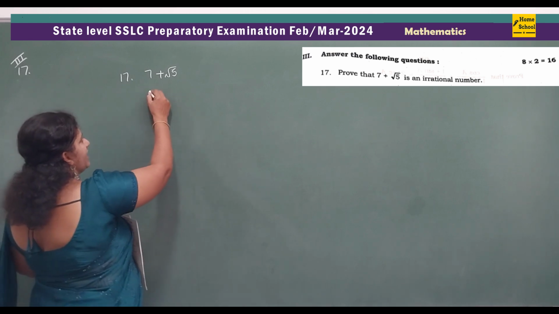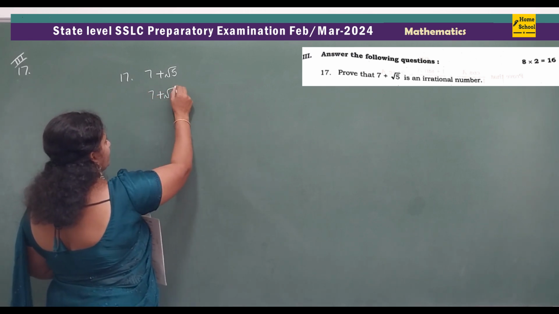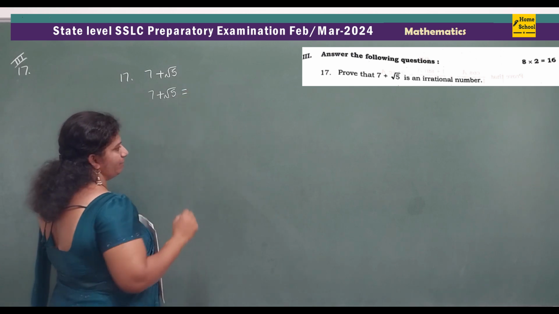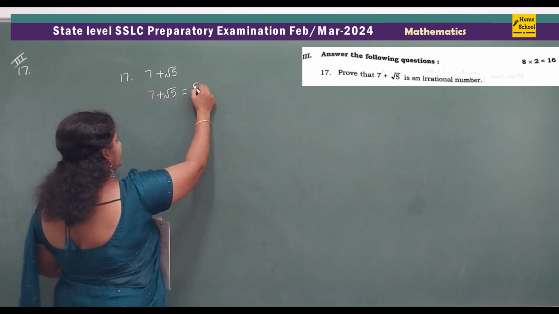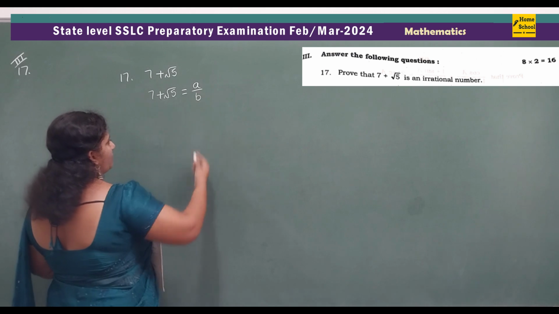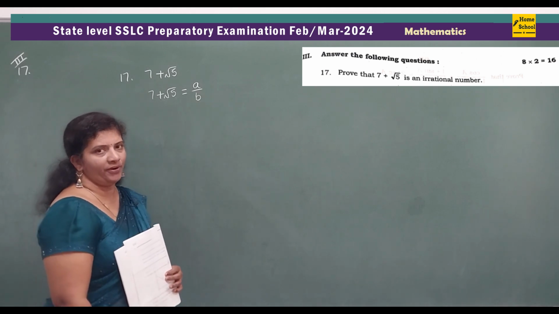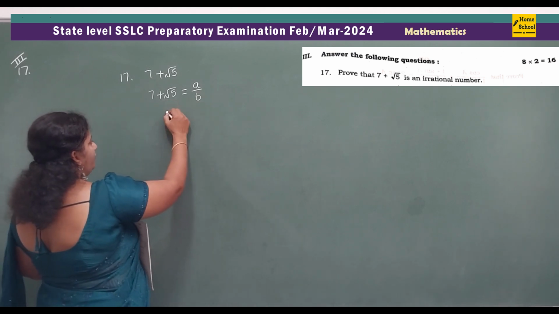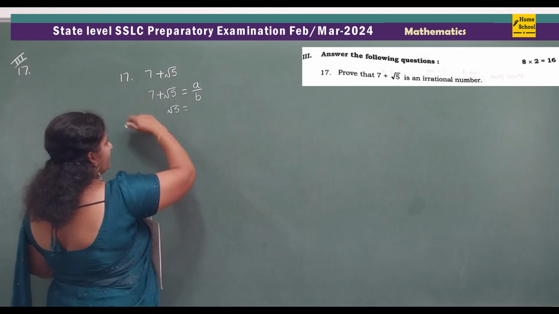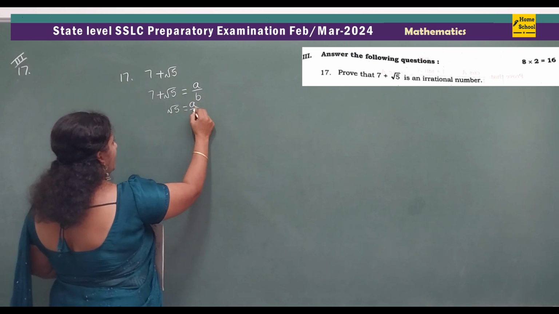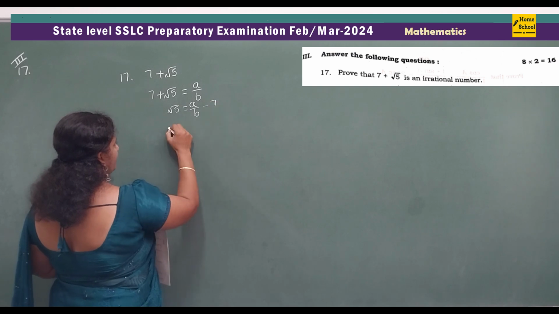We need to prove 7 plus root 5 is an irrational number. First, let us assume 7 plus root 5 is a rational number. Equate to any rational number, either A by B or P by Q, where these two are co-primes. Now, 7 transpose other side, A by B minus 7.